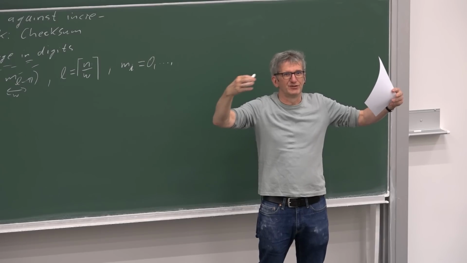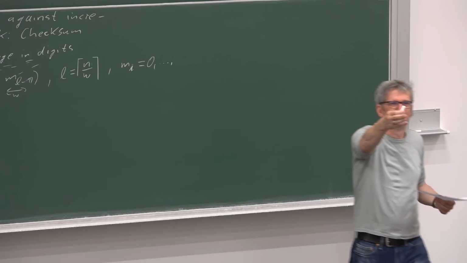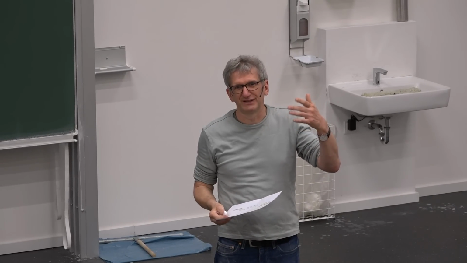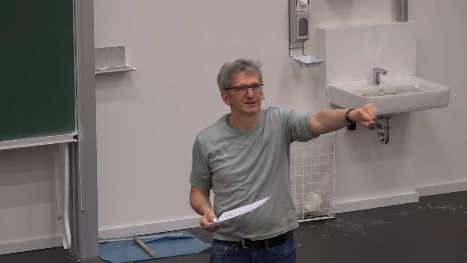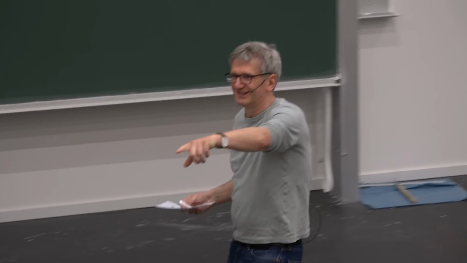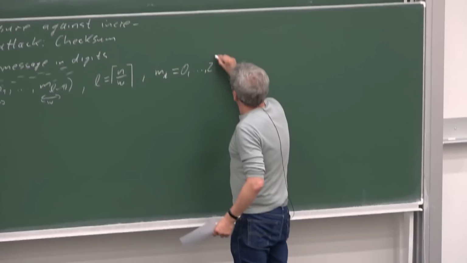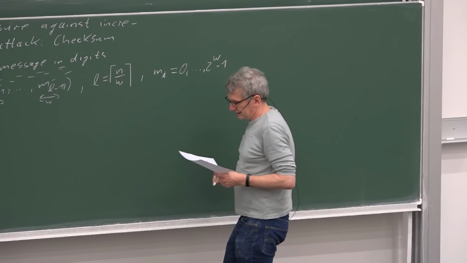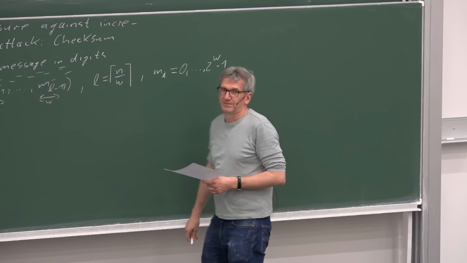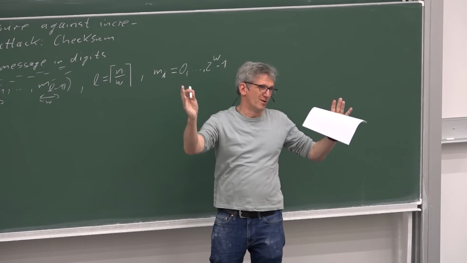With W equals 8, what is the largest number? Can somebody do that mentally? If W is 8, what is the largest integer we can represent with 8 bits? 1,000 euros if you answer that. Okay, yeah. 255, exactly. 2 to the W minus 1, very good.